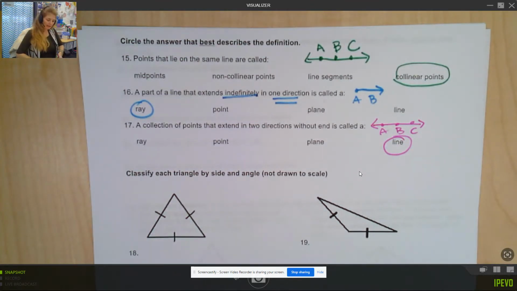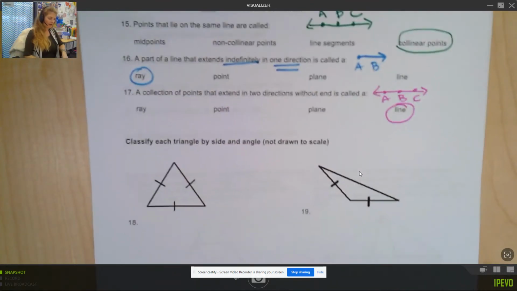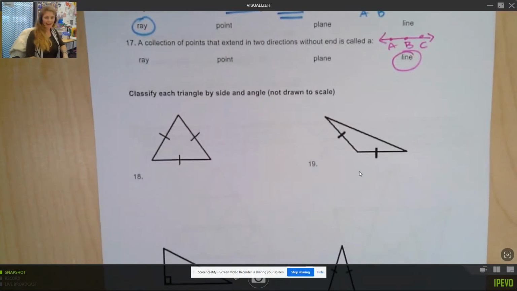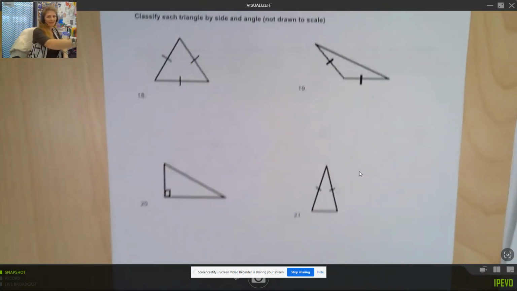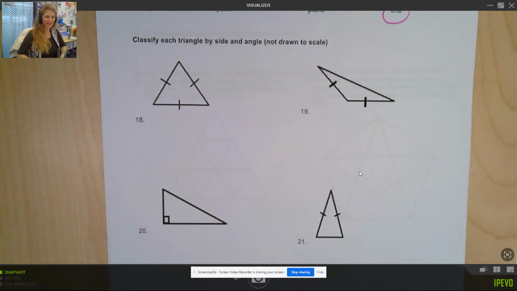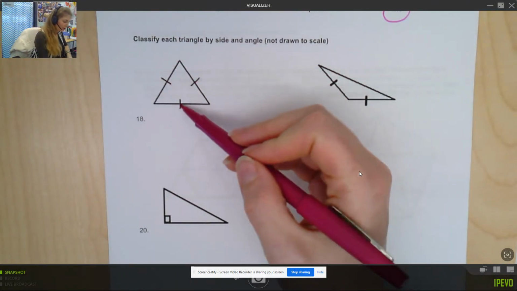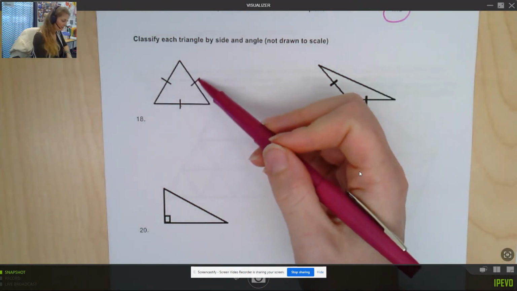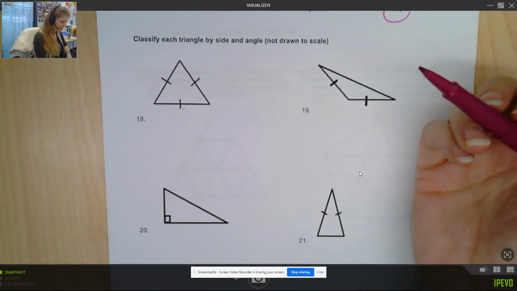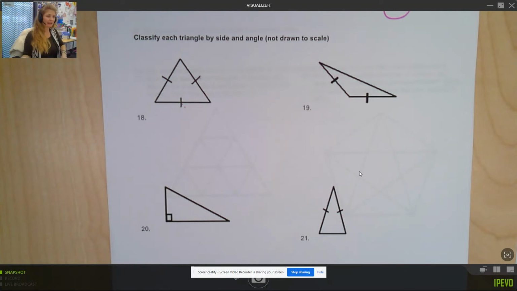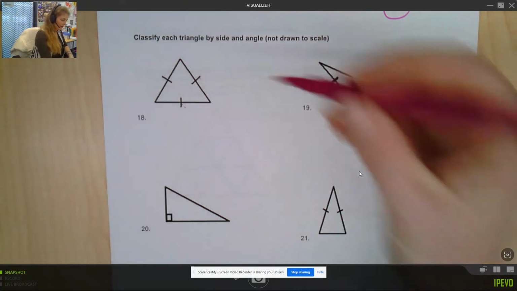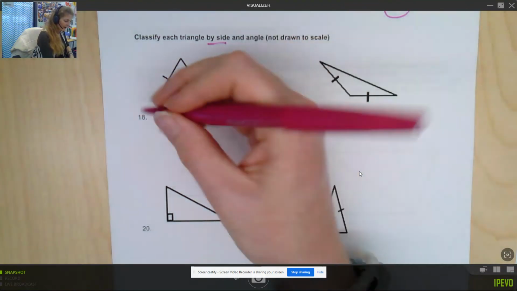Nice. So the next 4 problems, we are classifying the triangle by side and angle. It's not drawn to scale, so we're not pulling out our protractors to measure these. We're just taking a look. And remember, these marks are congruency marks. So this tells me all 3 sides are the same. And if all 3 sides are the same, that means the angles also have to be the same. So by side, all 3 sides are equal.